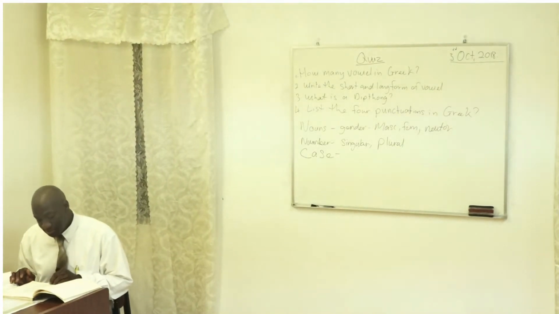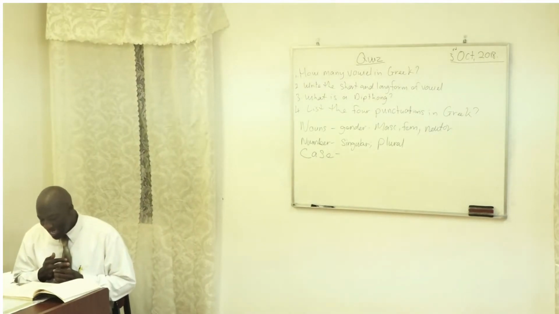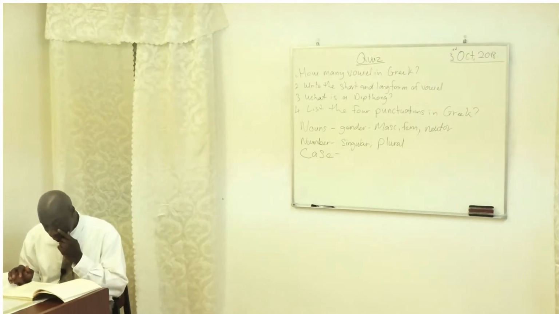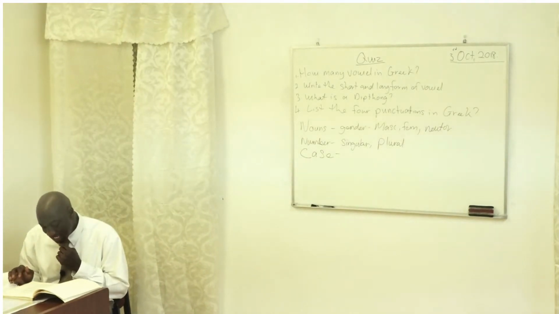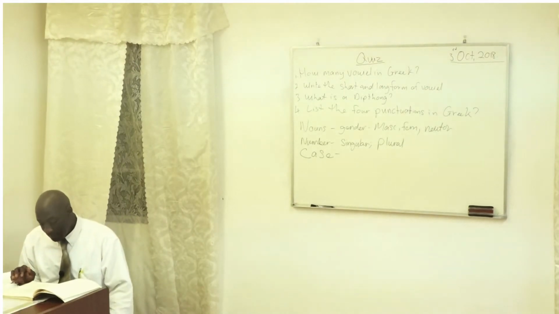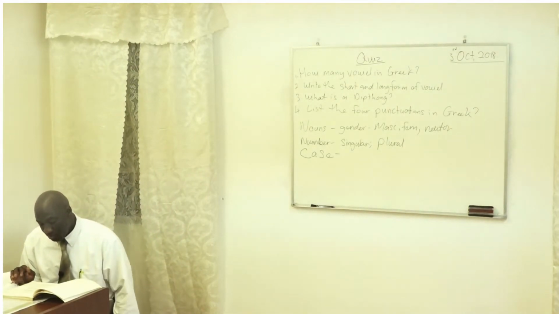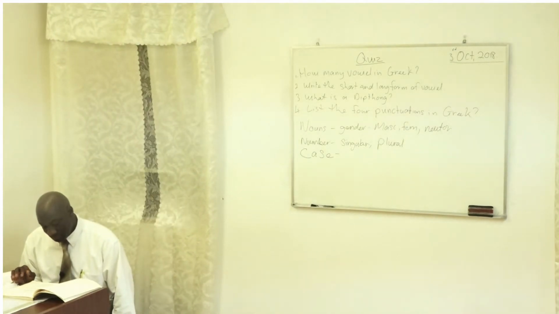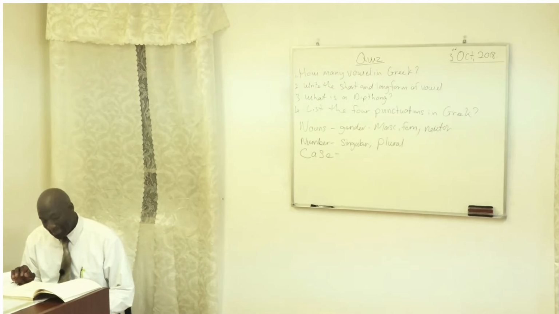Infinitives. English manufactures nouns out of verbs by making gerunds, adding an ing, as in swimming is fun. However, the Greek language does this by using infinitives. To swim is fun.